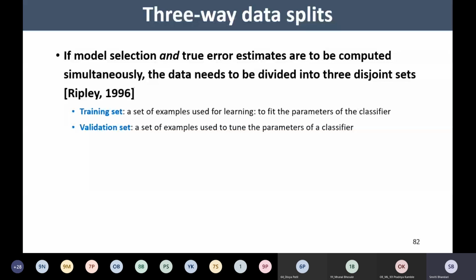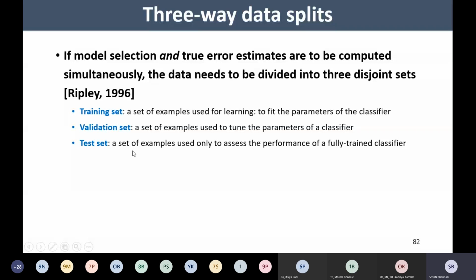And the third set that we are using is the test set. Once again, this set includes few of the samples from the original data set. And this test set is used only to assess the performance of a fully trained algorithm, a fully trained model.